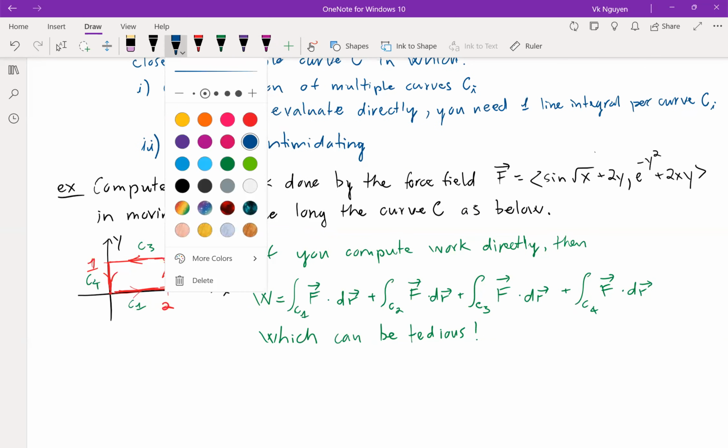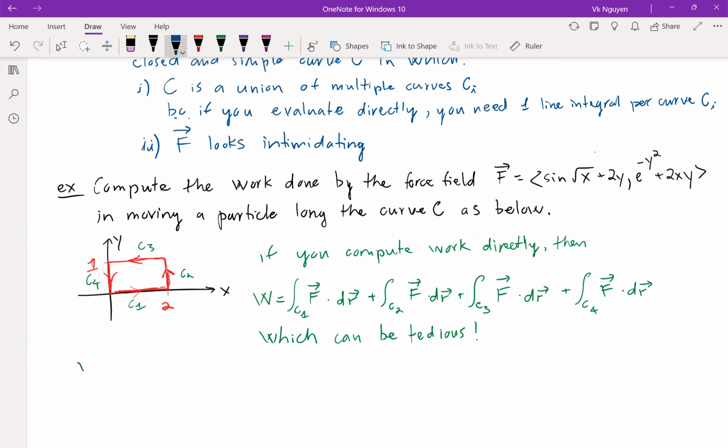Okay. Notice that there is circulation. The curve C encloses a region D, and C is simple and closed.